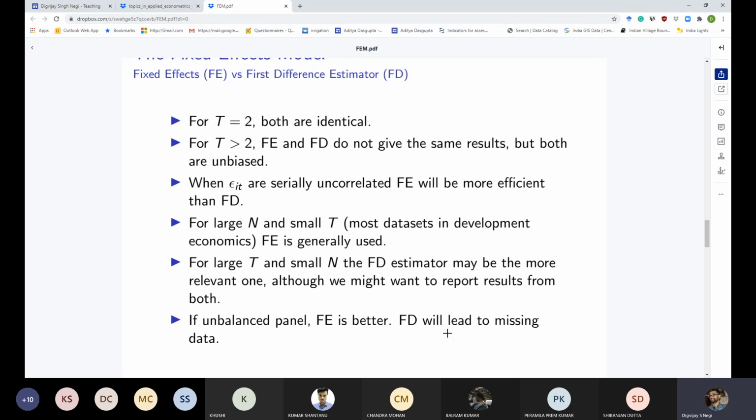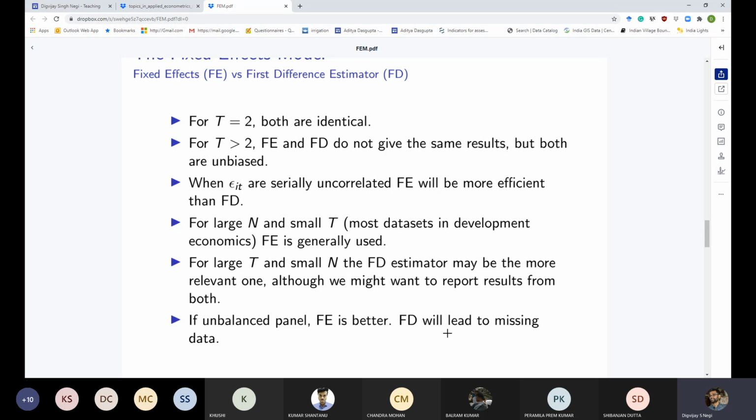So when T is larger than N, or T is large enough, let's say T is 30 or more than 30, then you start worrying about the time series properties of the data becoming dominant, right? Serial correlation and so on.